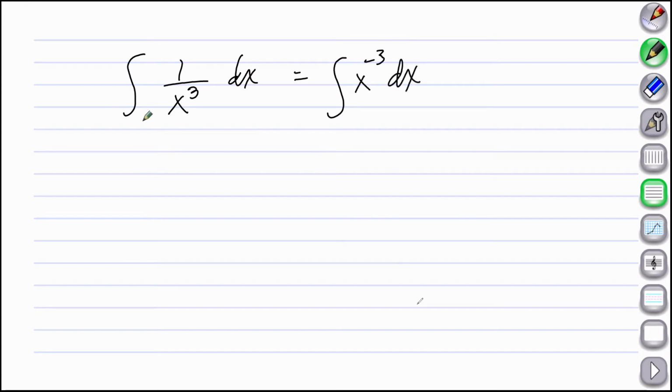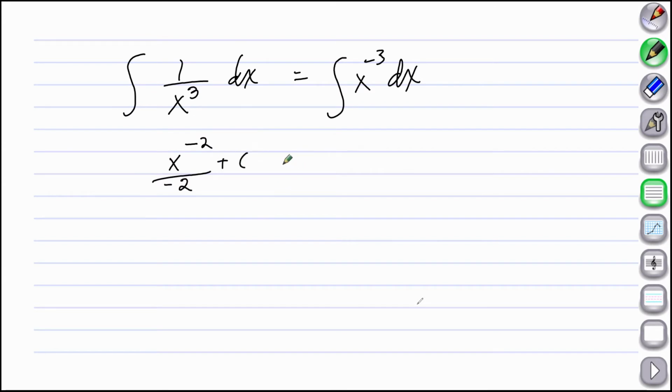Pretty much like when we did derivatives, we want to put it in this form. And it's like derivatives too. If you can simplify something inside here, you always try to simplify. So we're going to add 1. That would be x to the negative 2, and this would be over negative 2. Then we could plus c.